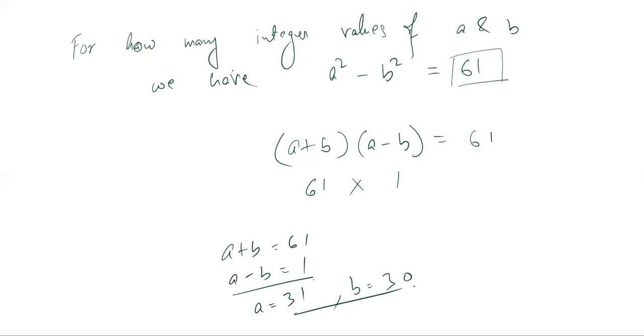Now, another thing to point out, I have discussed this earlier. You have a and b as integers in this case. Suppose I change this question to positive integers. So this is the last part that I'm going to discuss, and I'm going to leave you with a question to try yourself.